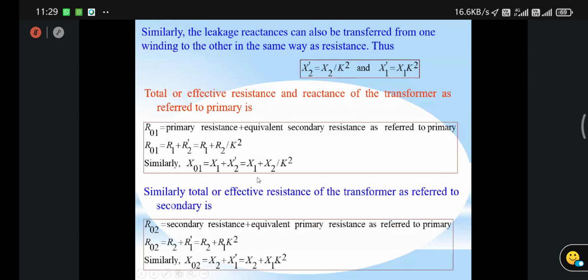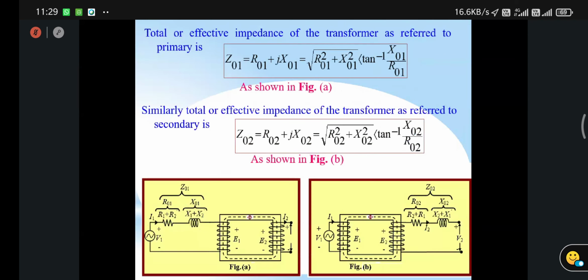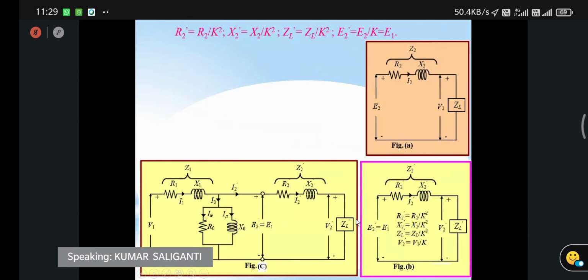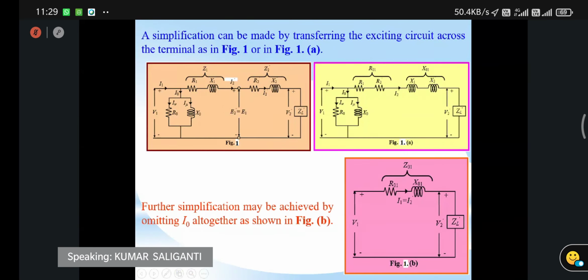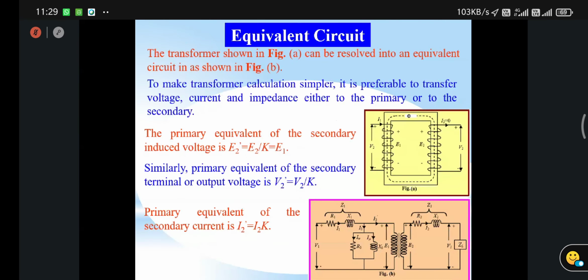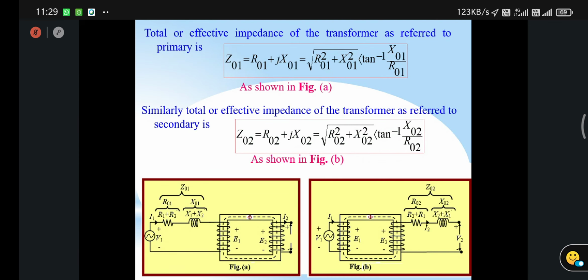R1 plus R2 dash is R01, X1 plus X2 dash is X01, and the total is Z01. This is the equivalent circuit. I will discuss it later if time permits. If you have any doubts, just ask me.